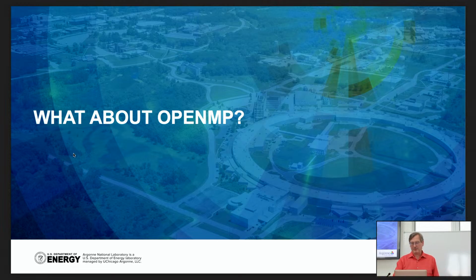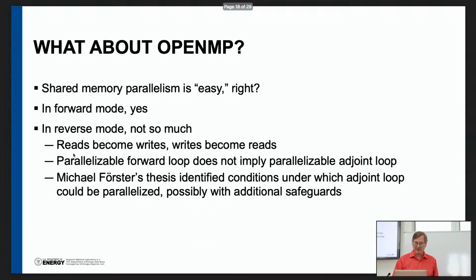And I didn't really look at OpenMP that much. Shared memory parallelism, I thought, well, this is easy. There's nothing challenging about differentiating shared memory parallelism. And for forward mode, that's true. There's really not a lot complicated about applying automatic differentiation in the forward mode to shared memory parallelism. It just goes along for the ride.